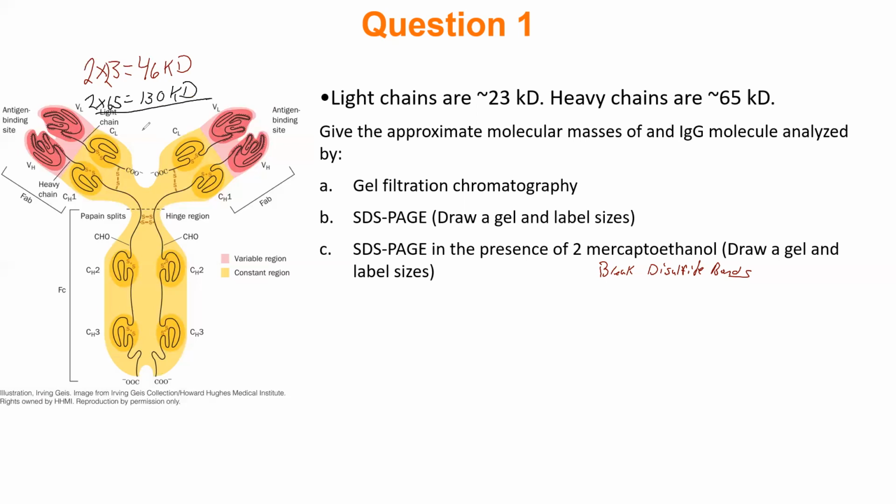So the weight of one antibody is roughly 176 kilodaltons. So if I did a gel filtration experiment, I would expect my antibody to be analyzed at roughly 176 kilodaltons.